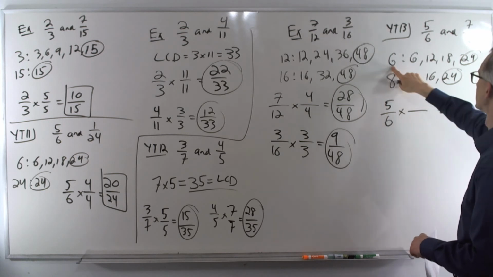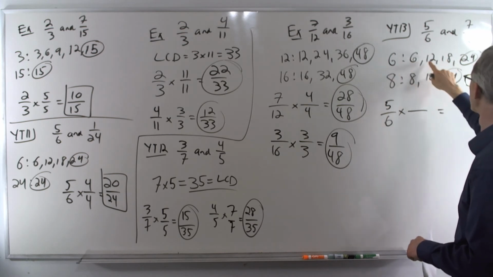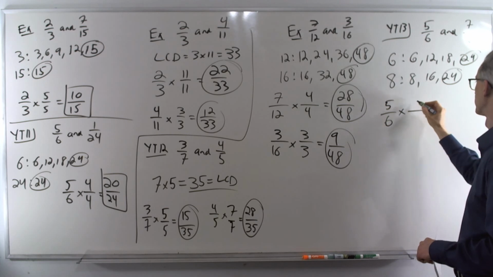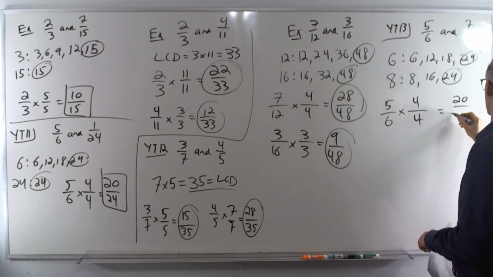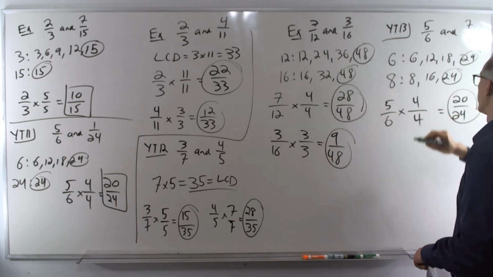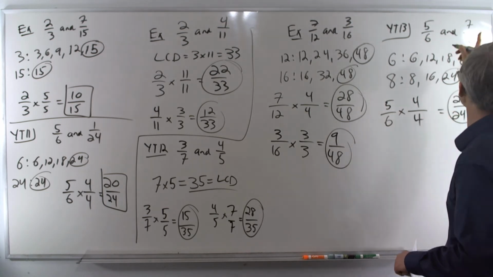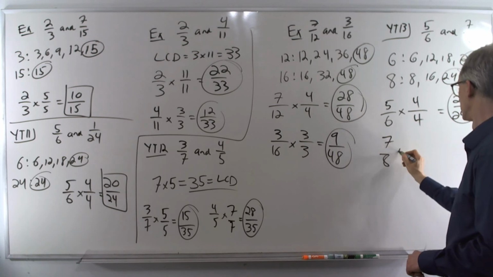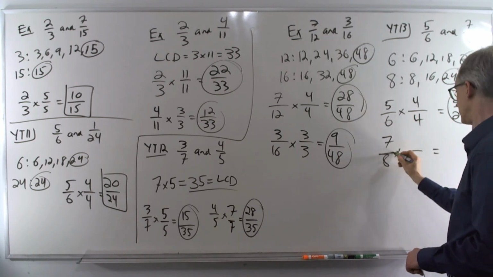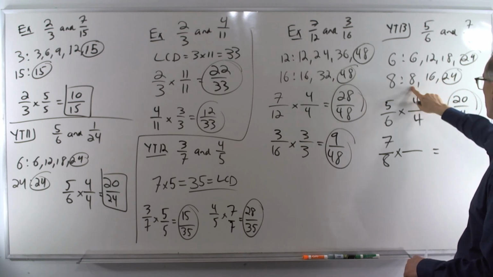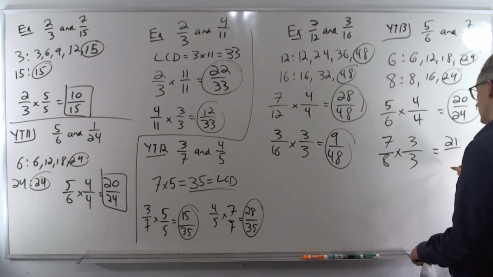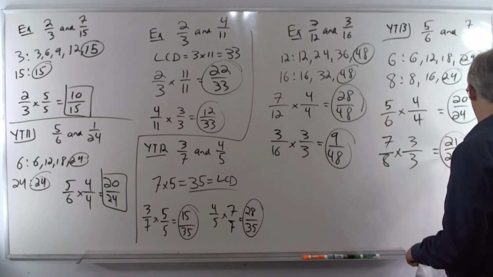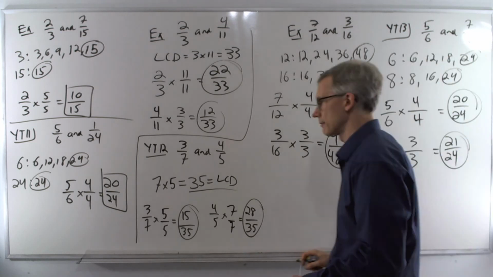For 5/6, you're going to see 24 is the 1, 2, 3, fourth multiple of 6. So we'll multiply by 4 over 4. Get 20 over 24. Now we'll transform the second one, 7/8. And 24 is the 1, 2, third multiple of 8, so 3 over 3. 21 over 24. So there is our two fractions with a common denominator.